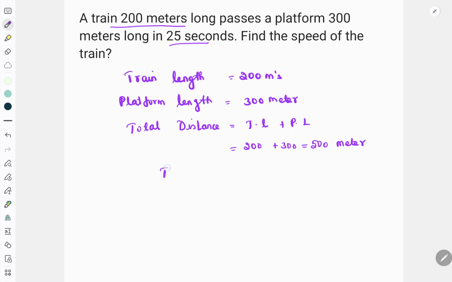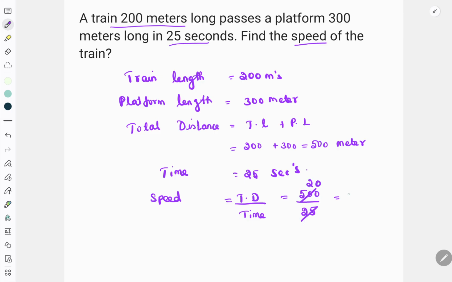So time equal to 25 seconds, right? So find the speed of the train. Speed equal to total distance divided by time. Total distance is 500 divided by time is 25. So 20 meter per second.